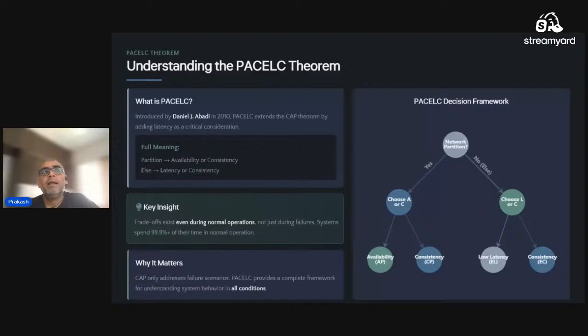Let's look at the right side, so it will be easy to understand. We are saying that if there is no network partitioning in your system, meaning it's an application sitting on some servers, bare metal, not distributed, then basically you can have low latency because it's faster, and you can have consistency.